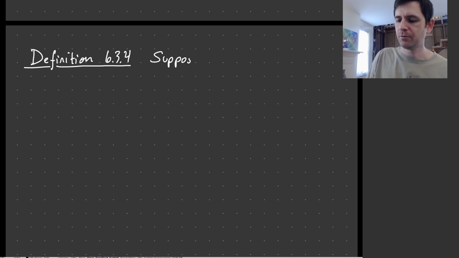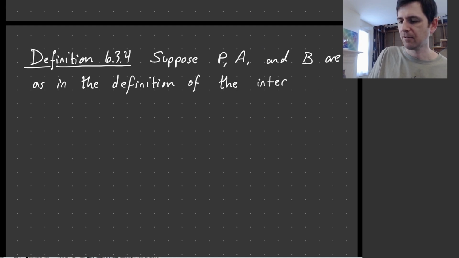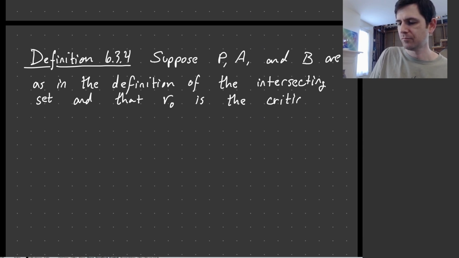So now suppose that P, A, and B are, as in the definition of the intersecting set, and that R sub 0 is the critical number for P and AB.